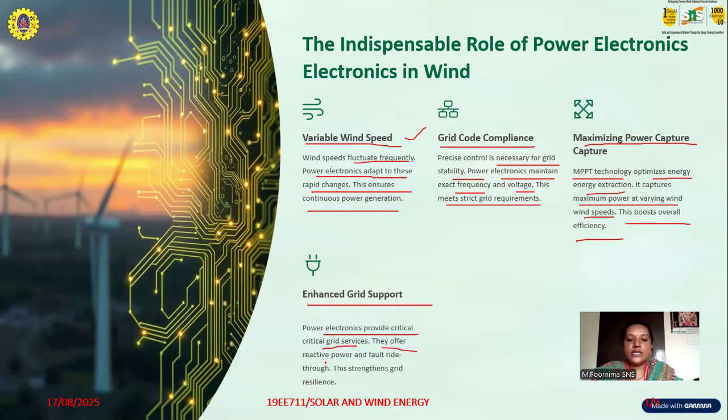They offer reactive power and fault ride-through, which strengthens grid resilience. So these are the four important roles of power electronics in wind energy: variable wind speed, grid code compliance, maximum power capture, and enhanced grid support.